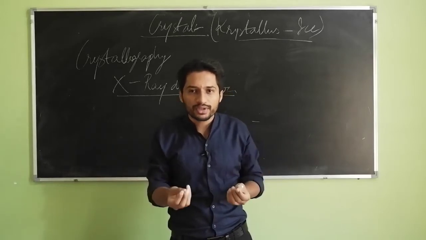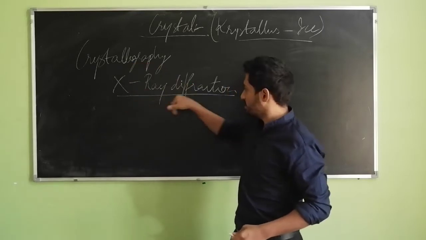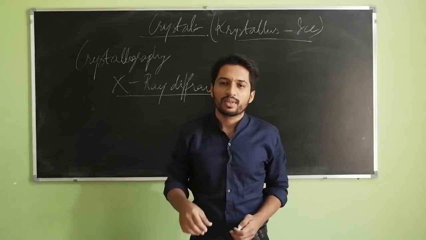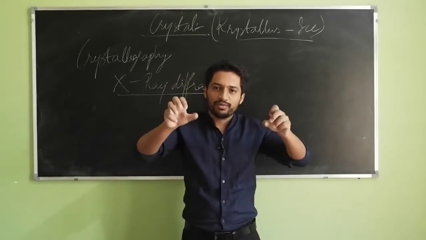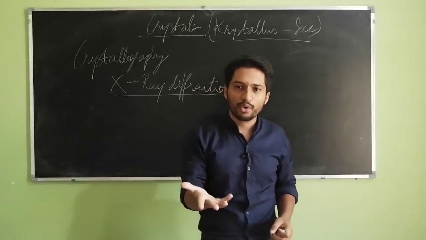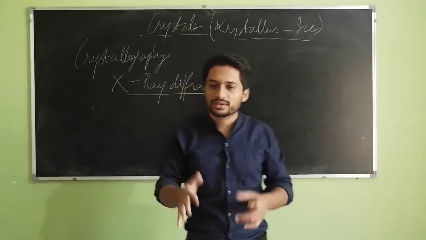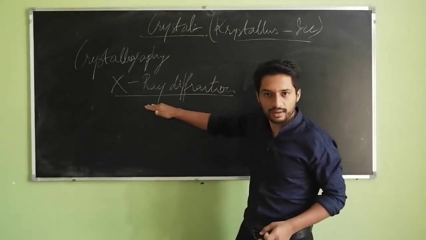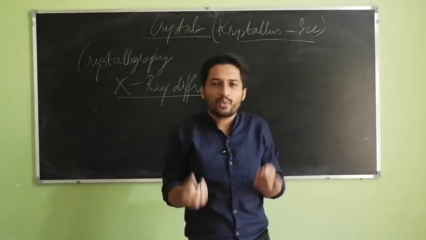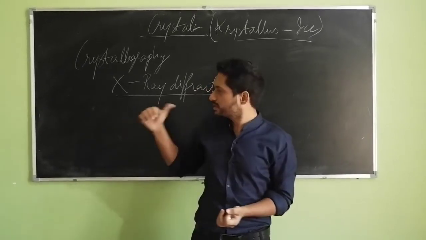How do we know about their structure? This is the method. Crystallography is the science, X-ray diffraction is the method by which we know the bond angles and the arrangement of atoms, arrangement of molecules in the whole structure. That's how in your books you see DNA structure, biomolecule structure, protein structure. You get the answer to the question of where these figures come from. This is how it is done.